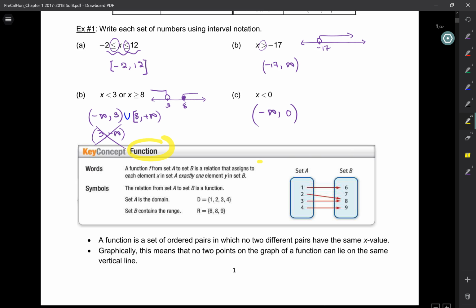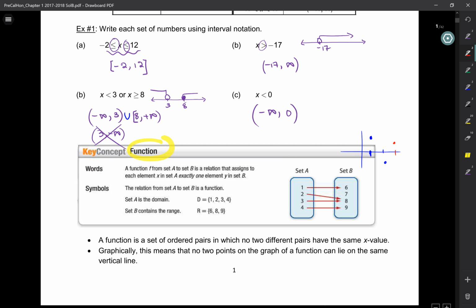So think about that. For each x value, there can only be one y value. What happens if for one x value, there are 2 y values? Then it's not a function. All right, so that's what a function is.